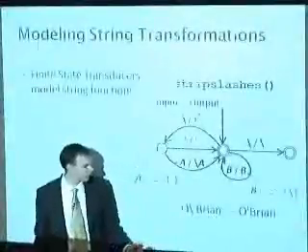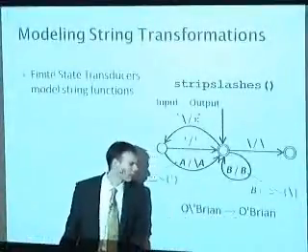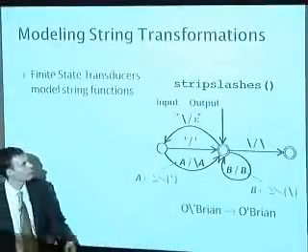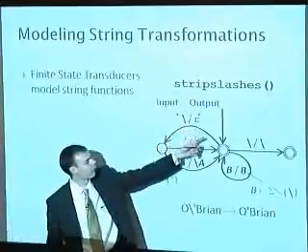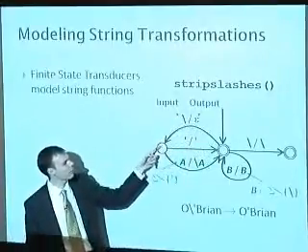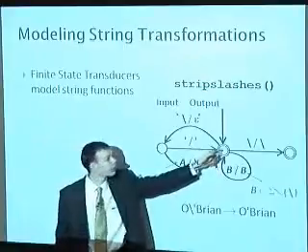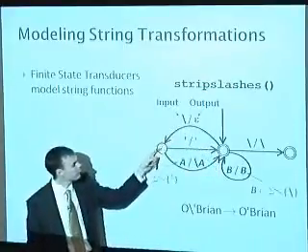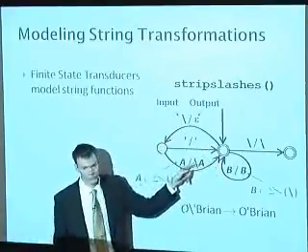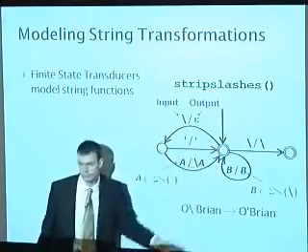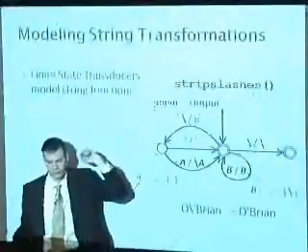In this example, you give the input string O/quote Brian and it gives the output string. Here's the input symbol and the output symbol. You read slash, output nothing. You read quote, output quote. You read slash, output nothing. Read anything else, output slash and whatever you just read. That's how this transducer models the semantics of this function.